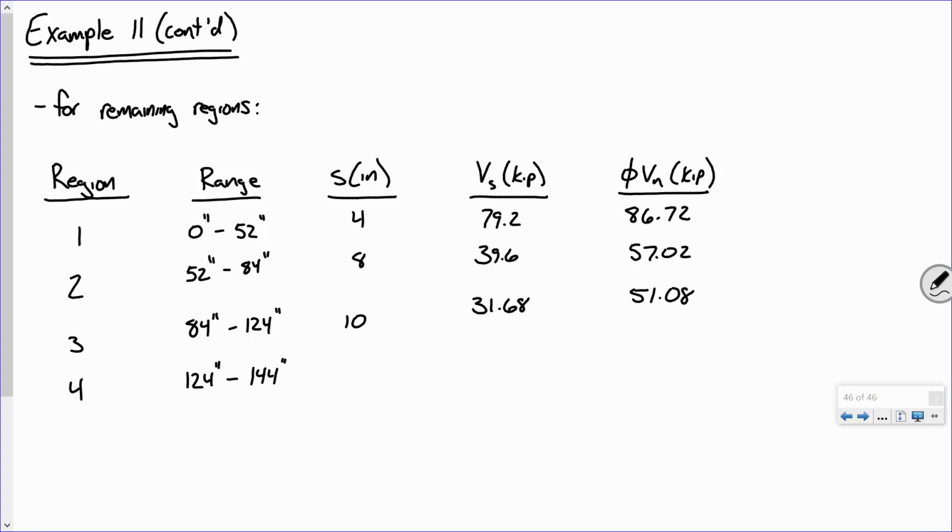Well, one way of looking at it is there are no stirrups in that region. There's nothing there, right? So I'm going to put no. And if there's no stirrups there, what's the capacity in shear for the steel? 0. So what is phi V_n? phi V_c, it's 27.32.